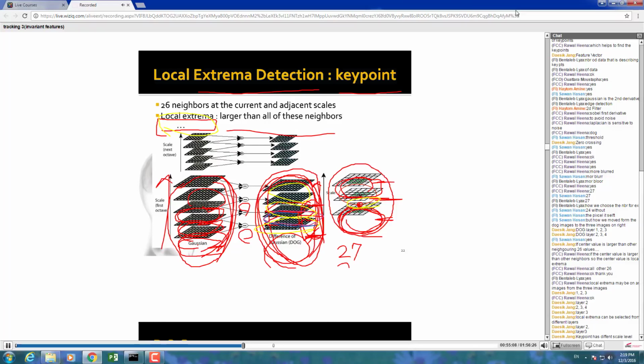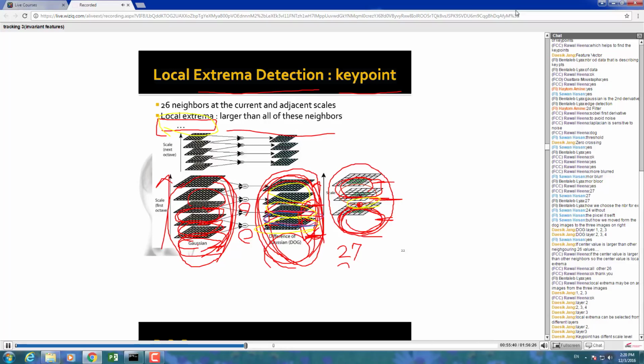Okay, we'll discuss the level issue, the scale issue, later. In this way, for example, this key point is collected from some lower scale, and another key point is detected from an upper scale. So in this way we can remember and consider the scale of every key point.